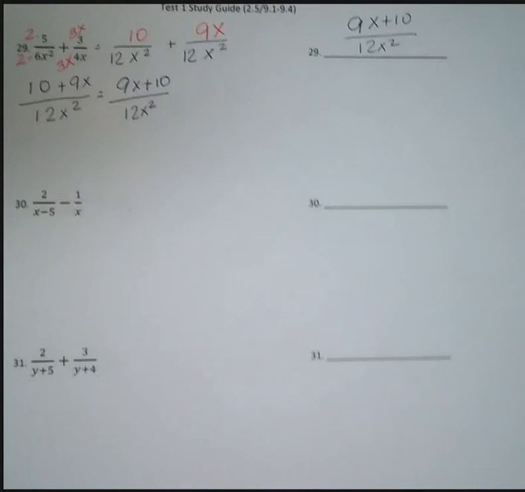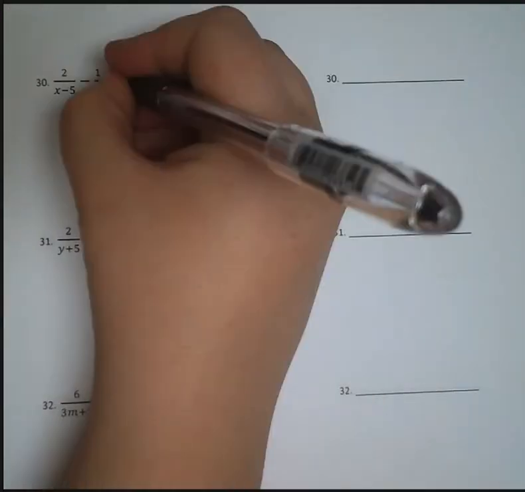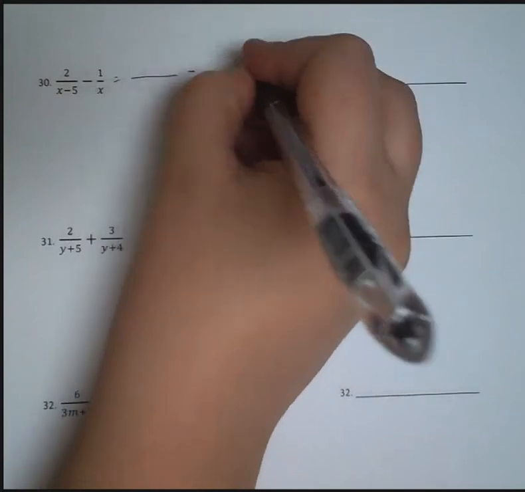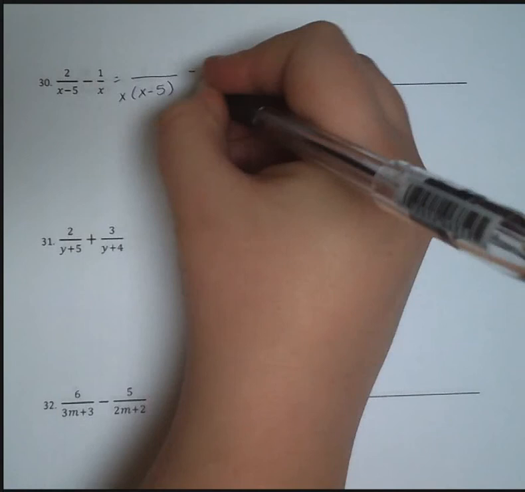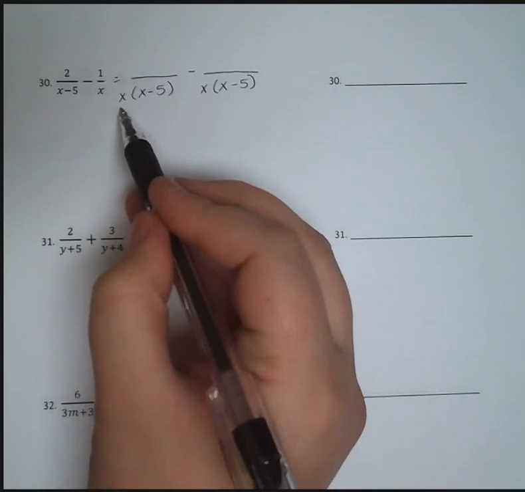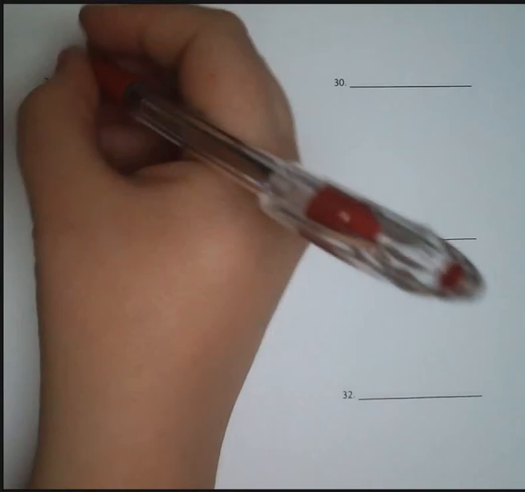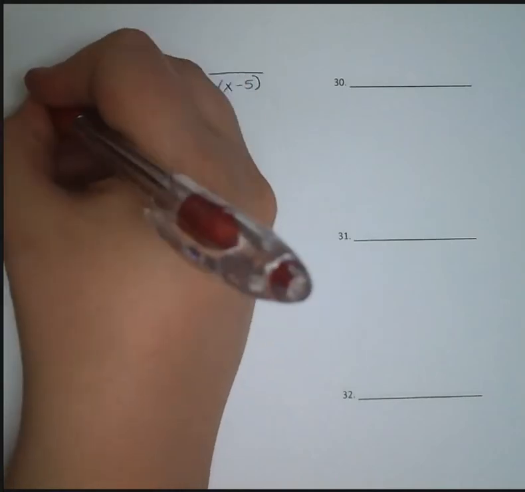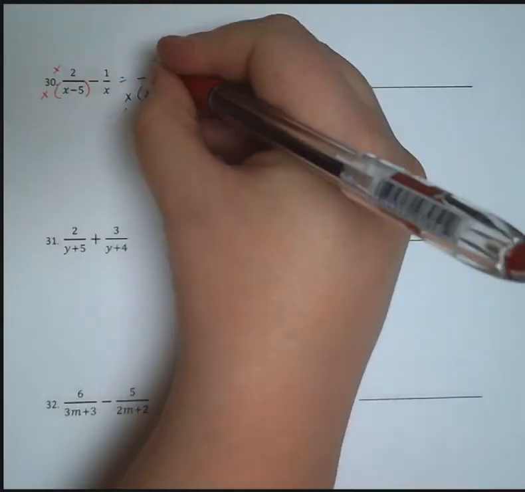So number 30, remember when in doubt, you can always multiply your denominators together to get a common denominator. So our common denominator is x and x minus 5. So this denominator is missing an x. So x times 2 is 2x.